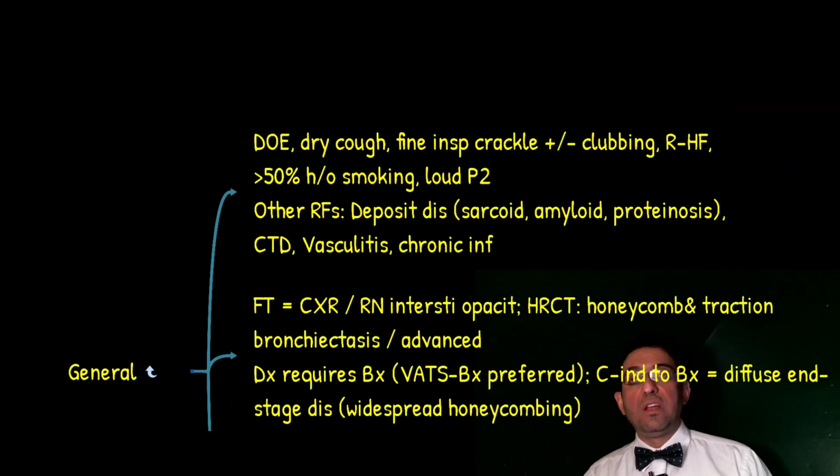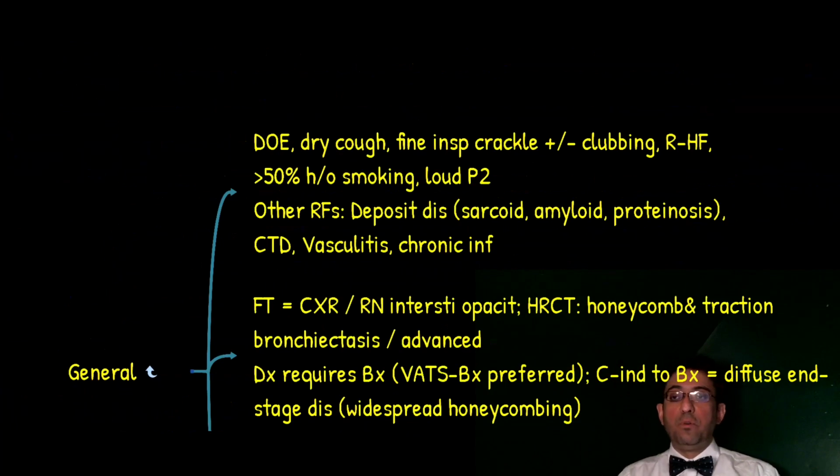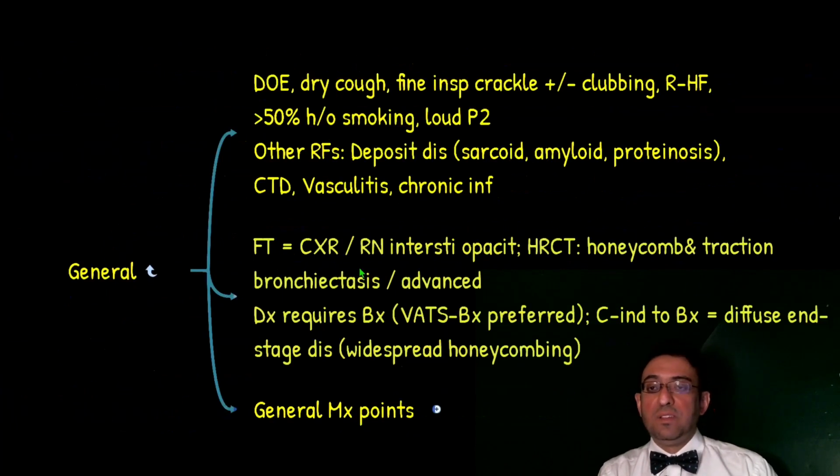Remember, most of these conditions, regardless of primary or secondary types, manifest with progressive dyspnea on exertion, dry cough, inspiratory crackles, and, very important, the possibility of clubbing.